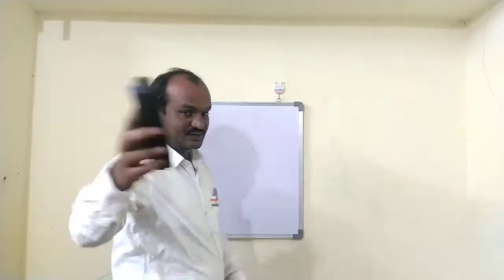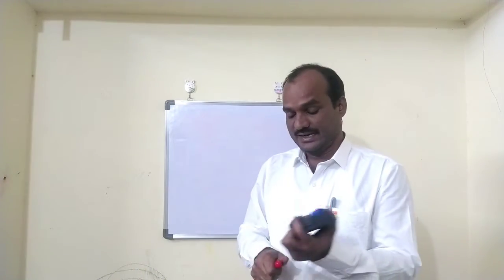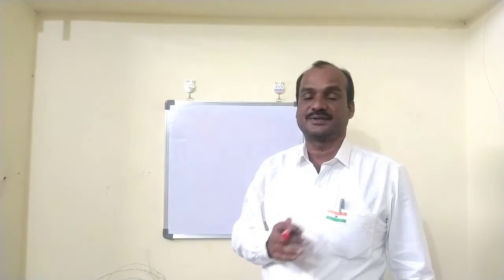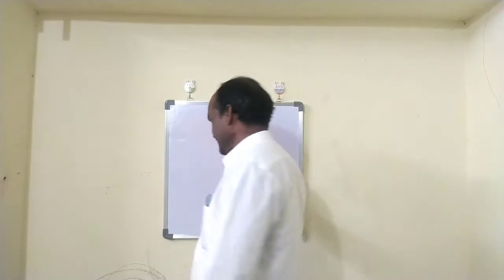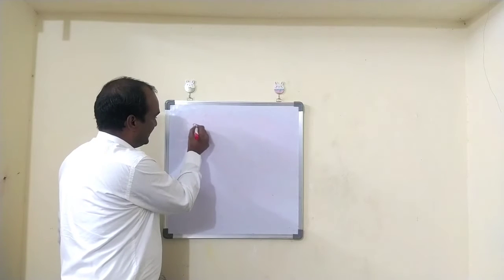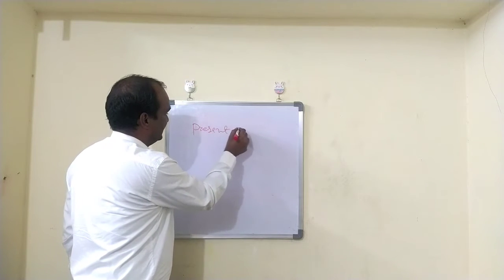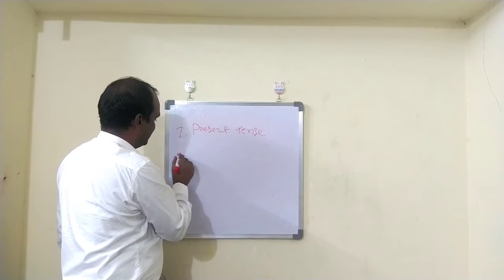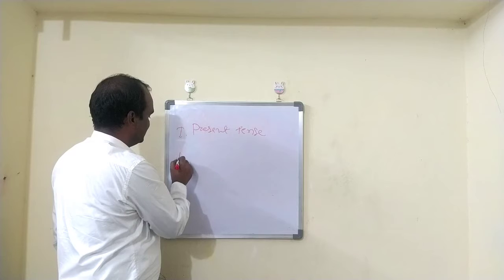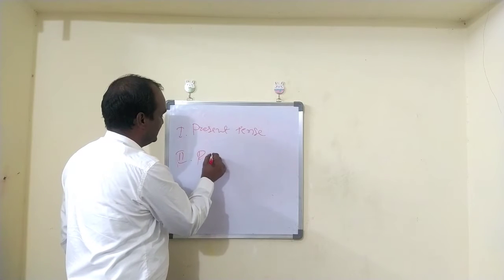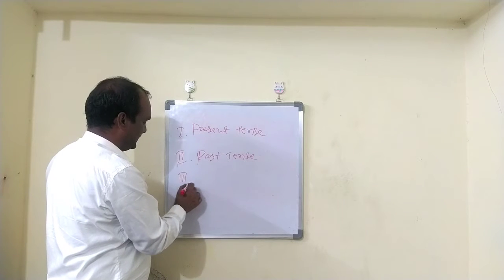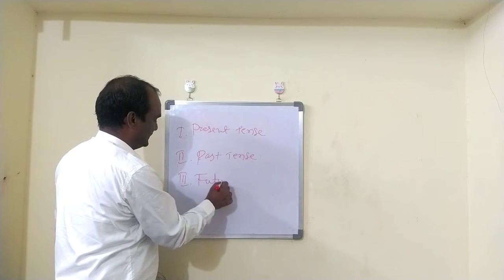The word tense is originated from the Latin term tempus. It means time of action, and we know very well that basically there are three types of tenses. One is present tense, the second type is past tense, and the third type is future tense.